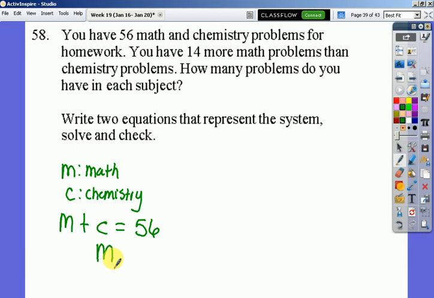So just think about it. Start with some variable. I'm going to start with math. The number of math problems I have is the number of chemistry problems I have plus 14, because I have more math problems than chemistry problems, do I not?